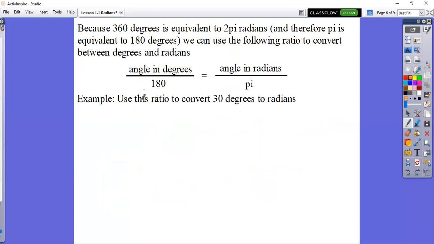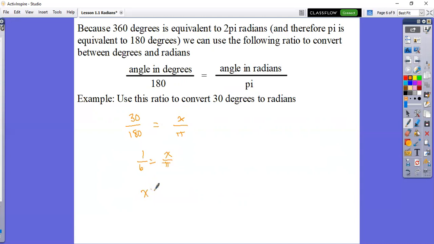Let's say that I have an angle in degrees, which is 30 in this case. So I have 30 over 180 equals, we'll just call it x over pi. All right, so I need to solve for x. I need to figure out what this angle is in radians. I can simplify this to 1/6 equals x over pi.